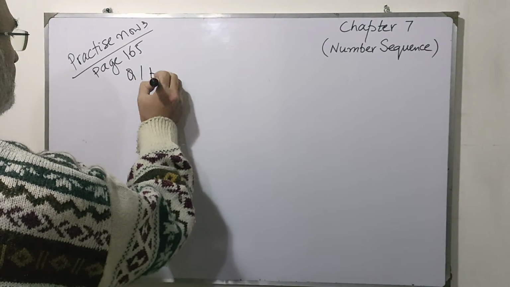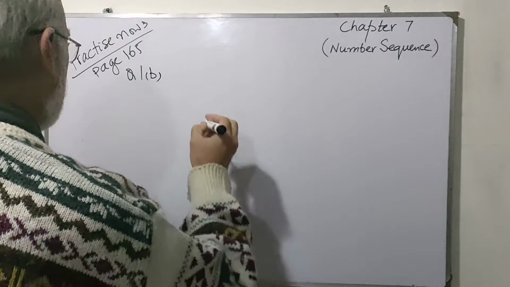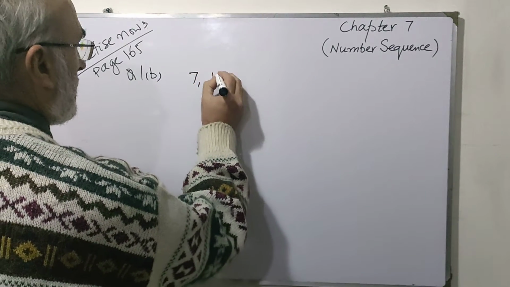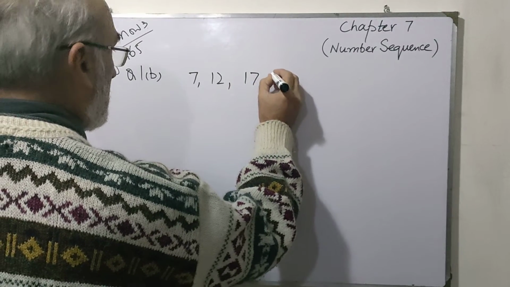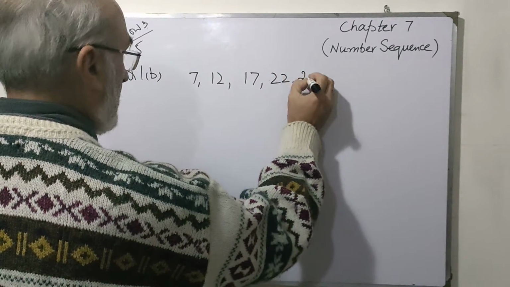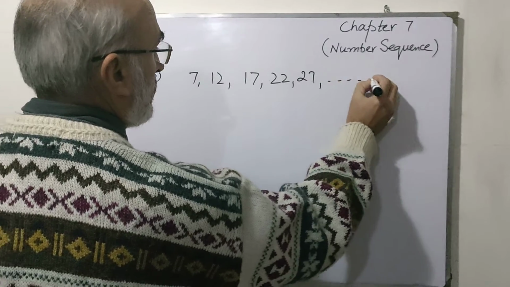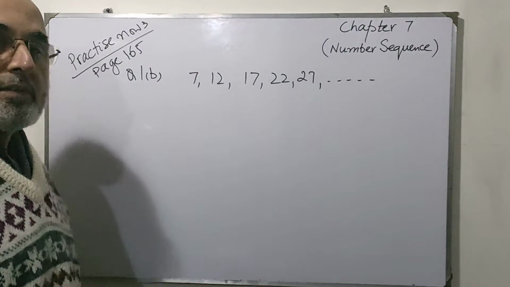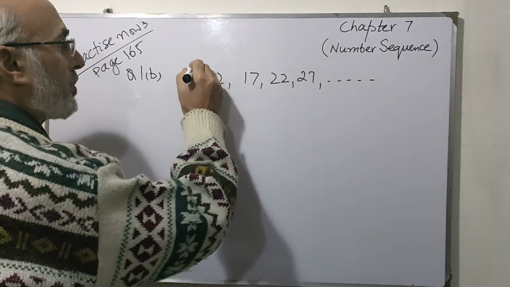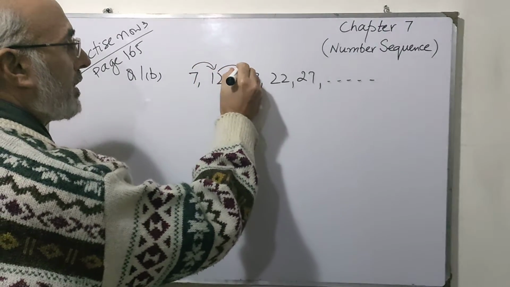B part, and the sequence is 7, 12, 17, 22, 27, and it goes on. Now, as in the previous case, let's see the common difference in all terms.